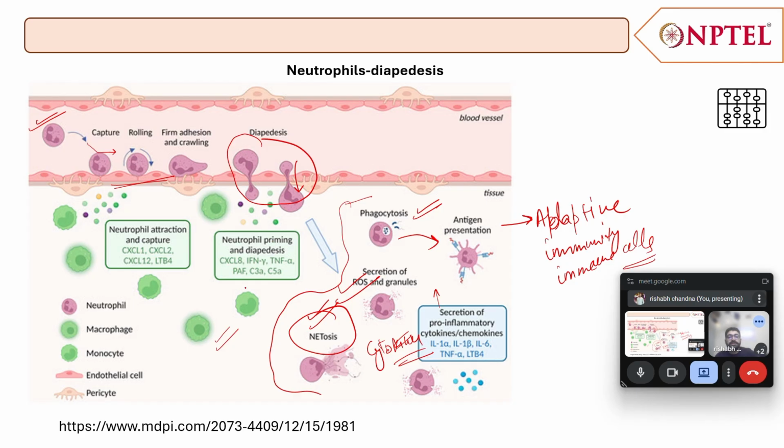These are the different cytokines that help in the activation of the neutrophils as well as their diapedesis. Okay, so this is the process of diapedesis and how it takes place in the case of neutrophils.